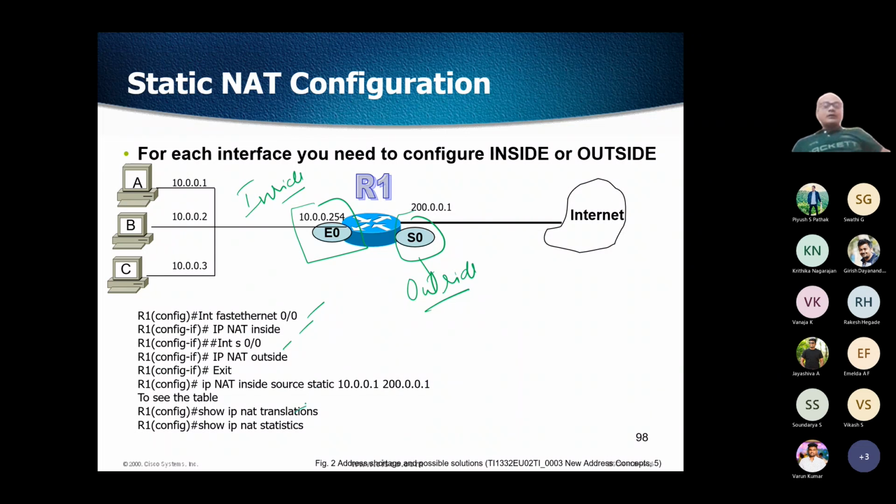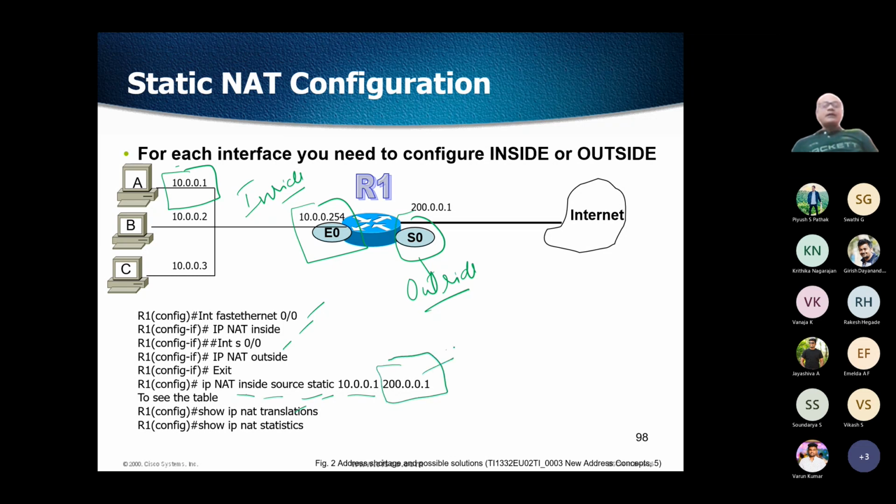Then the configuration: IP NAT inside source static, 10.0.0.1, which means this IP address, PC A. So the PC A IP address we are allowing to access the internet.